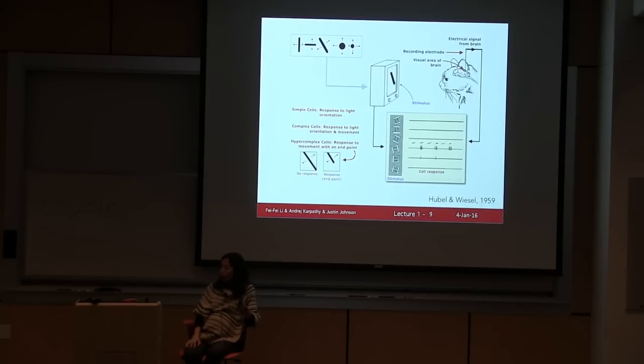But the good news is that there was no computer at that time. So what they had to do when showing these cats stimuli was use a slide projector. They put a slide of a fish and waited till the neuron spiked. If the neuron didn't spike, they took the slide out and put in another slide.